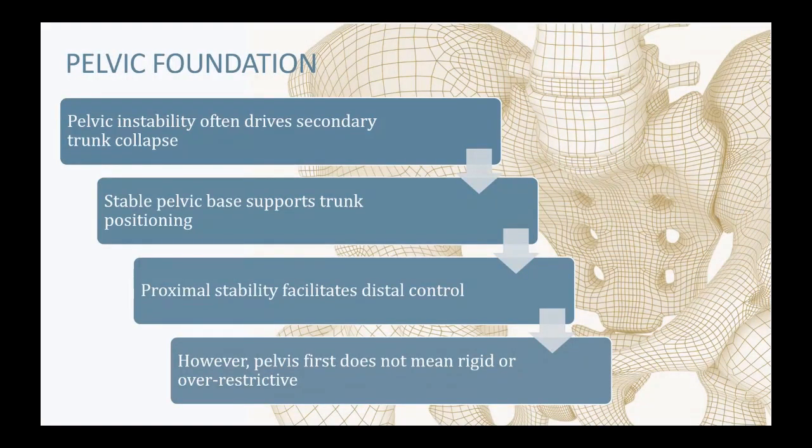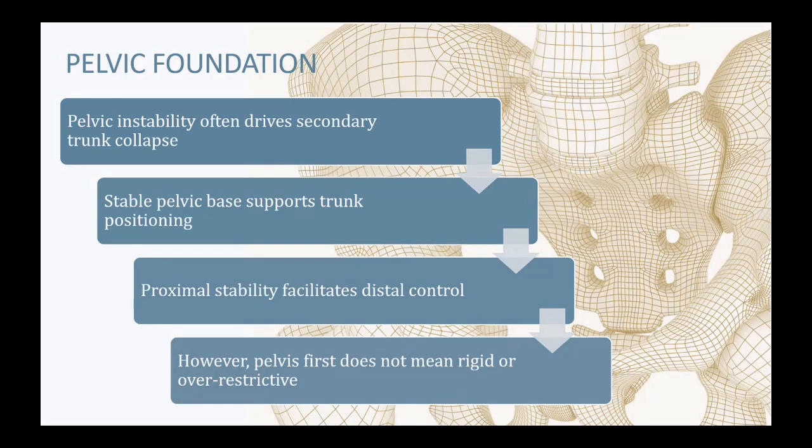My next Mythbuster is all about the pelvis. I'm sure you've all heard about the pelvis being the foundation, and yes, I teach this myself in our clinical study days, but somewhere along the way, that foundation has sometimes been treated like a rigid rule rather than a guiding principle.